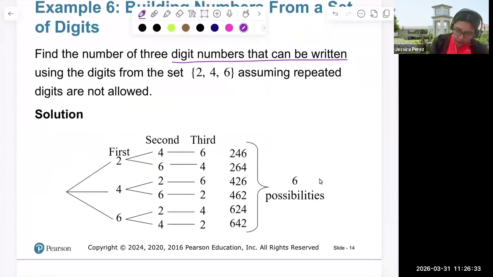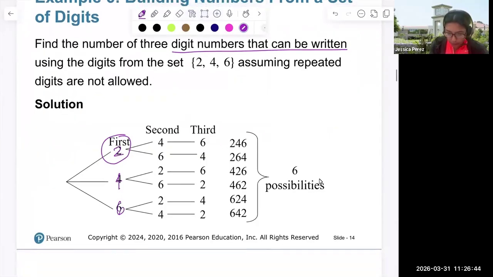tree. So for the first option, we have the digits 2, 4, and 6. If you already chose a 2, then you only have 4 and 6 remaining. And then same, if you already did 4, then you only have 2 and 6. If you did 6, then it's 2 and 4.